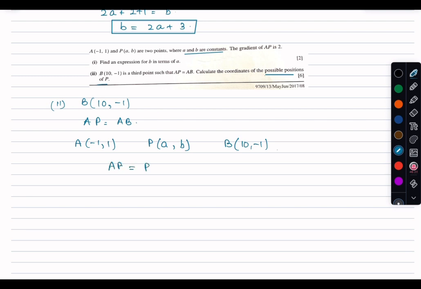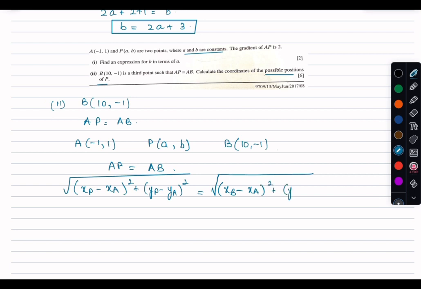So if AP is equal to AB, then we are basically talking about the distances, so I can say this is under root xp minus xa the whole square plus yp minus ya the whole square, and this equals under root xb minus xa the whole square plus yb minus ya the whole square.